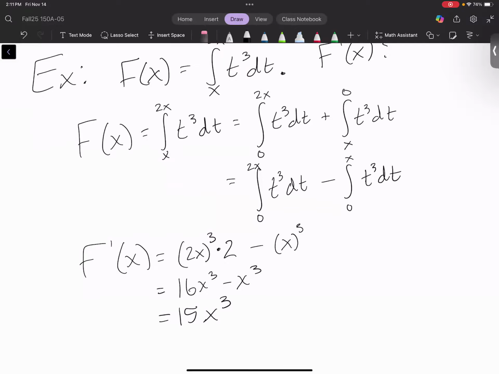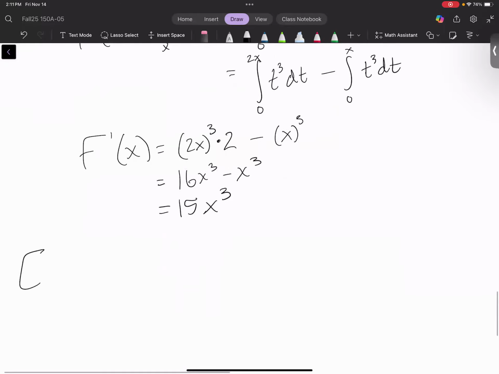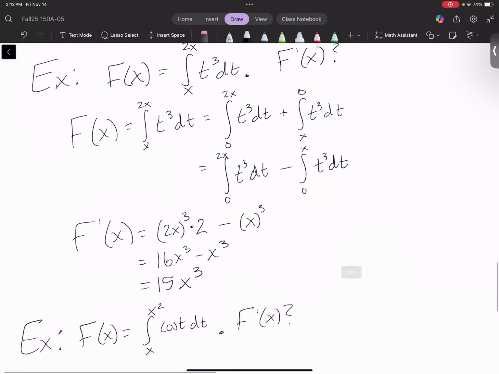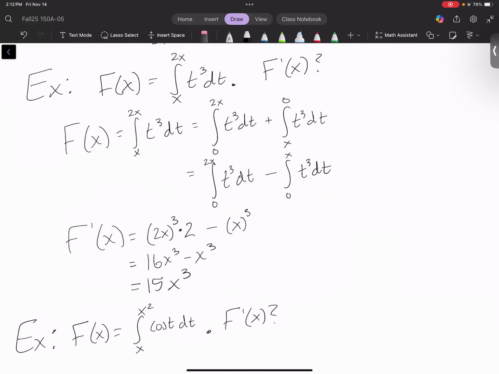Now you try. Let's do another example. Let's call capital F of x equal the integral from x to x squared of cosine t dt, and I want capital F prime of x. Go ahead and pause the video here. All right, let's do it.